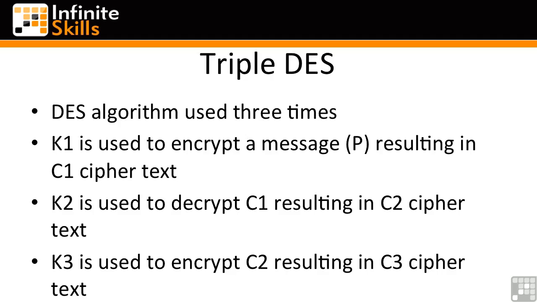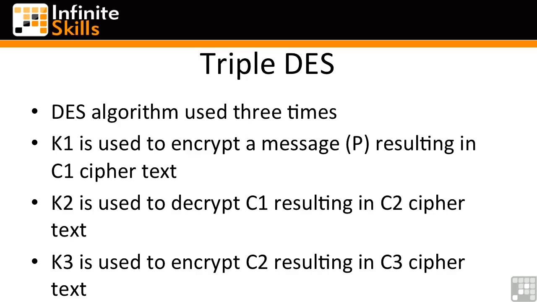So with C1, the output of the first round of encryption, we're going to apply a second key, and we'll call that K2. With that second key, we are going to go through a decryption process on C1. Since it's the wrong key, we're not going to get plain text out the other end. What we are going to get is another round of ciphertext, and we'll call that C2.